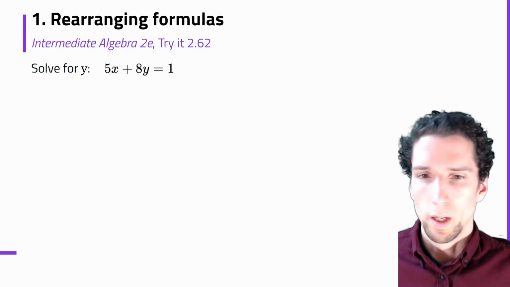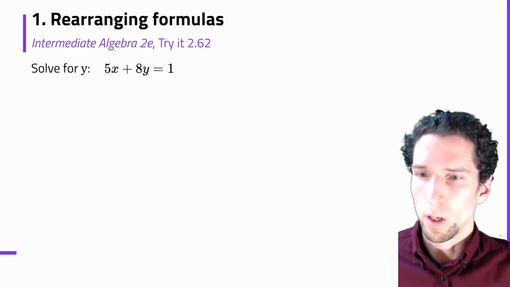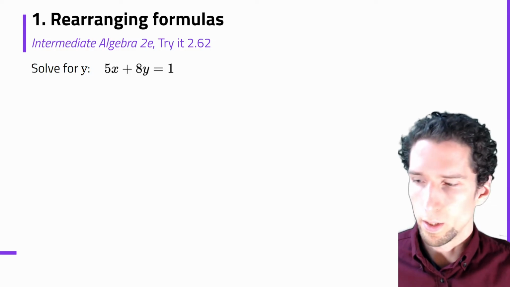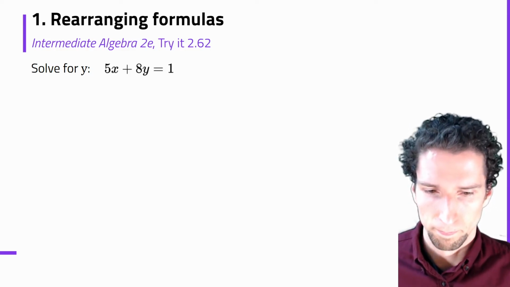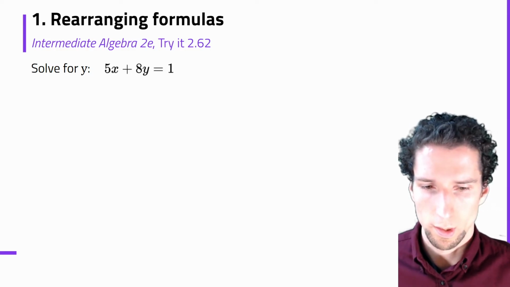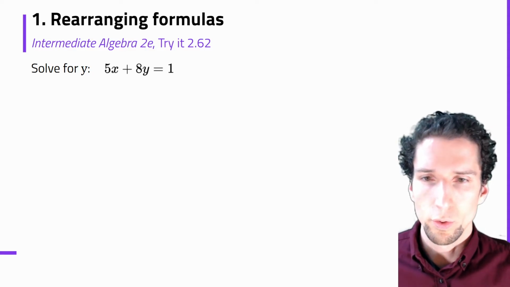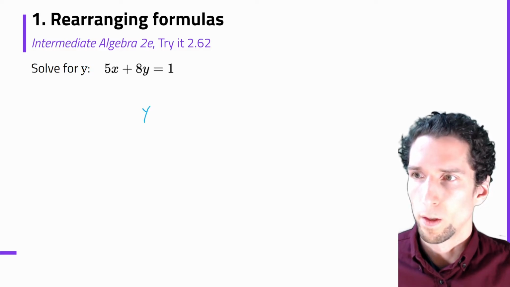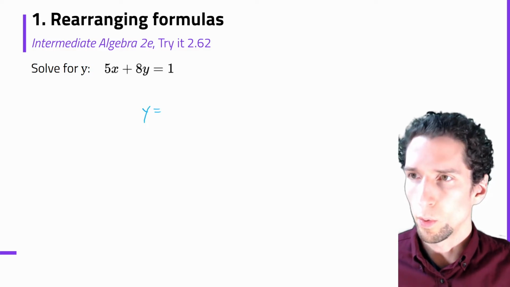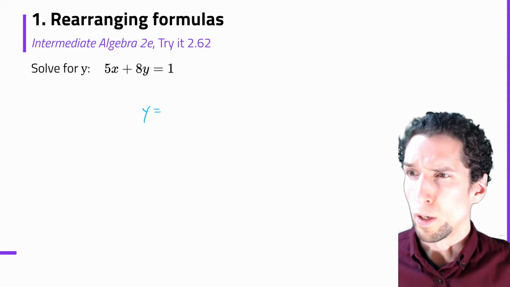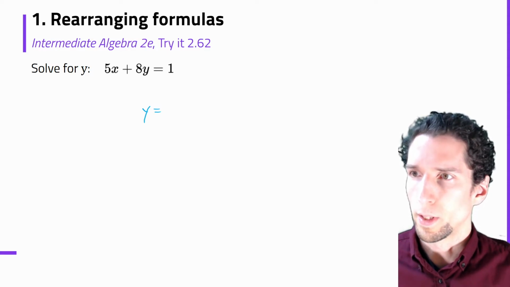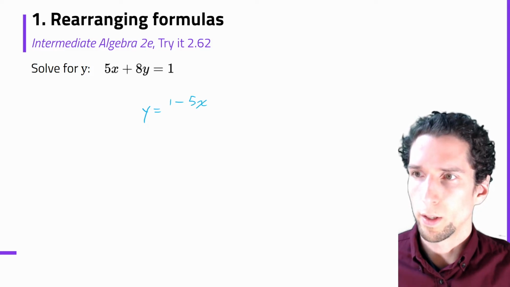All right, our solution here is, let's write this out. So, kind of two versions of this answer. First, y equals (1 minus 5x) over 8.